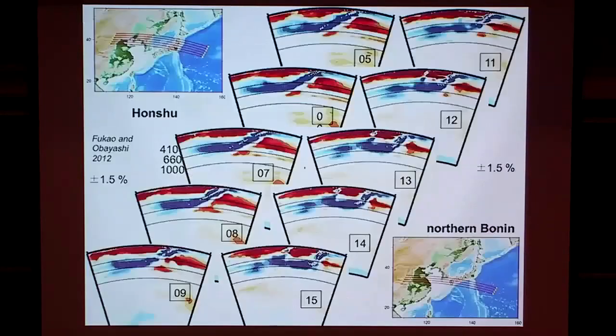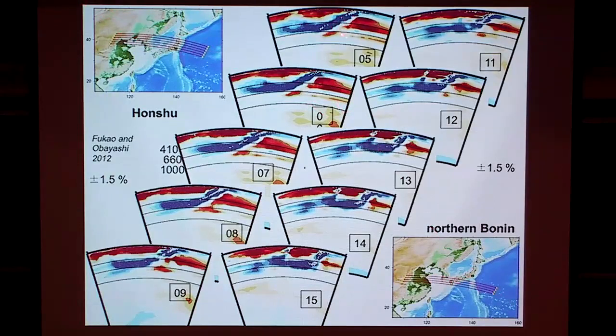Okay, so Adam showed these slides, but in the subduction zone, you now get some really beautiful pictures, I think, of what goes on in subduction zone settings. This is in Japan, Honshu and northern Bonin.